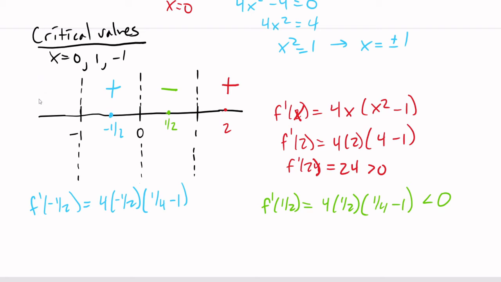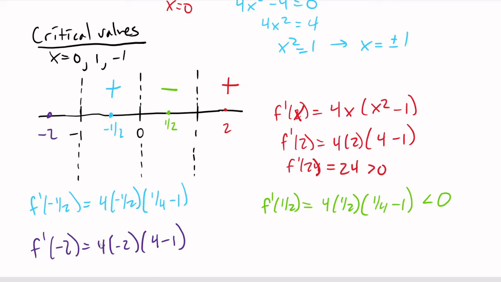Okay, let's try the last little zone that we have to get through, and we'll plug in negative 2. f prime of negative 2 is 4 times negative 2, and then we're going to square that, so it's going to be 4 minus 1. Positive, negative, positive. I'm decreasing. There you go.